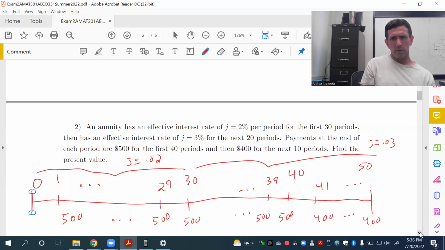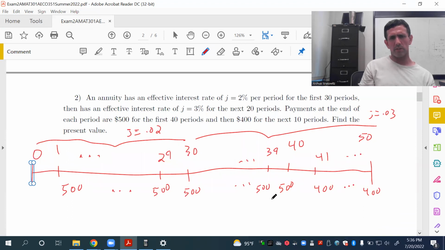So we have instances of an interest rate or payment change.